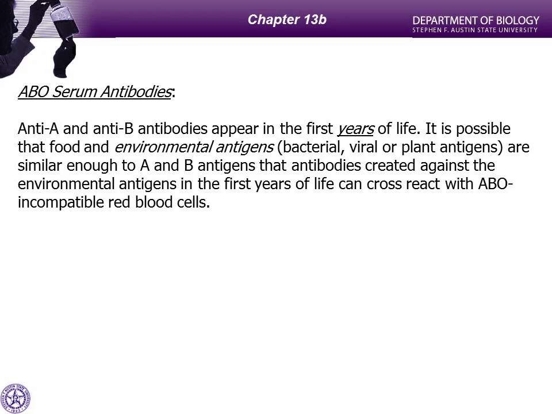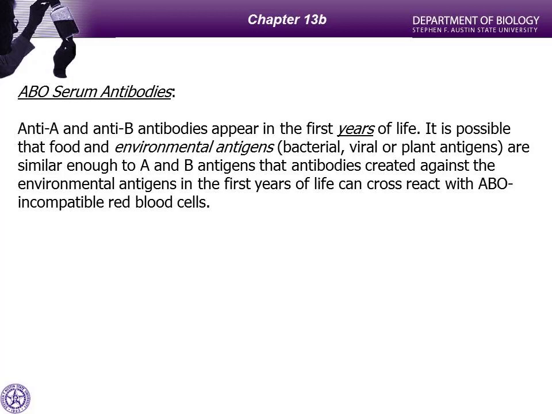Remember the IgMs, the pentamer? 10 binding sites. So you're going to clump the blood together excessively if you have a mismatch. And if this happens in the circulatory system of a patient, it's going to be disastrous. Heart attacks, strokes, embolisms. Yeah, it's not going to be good.